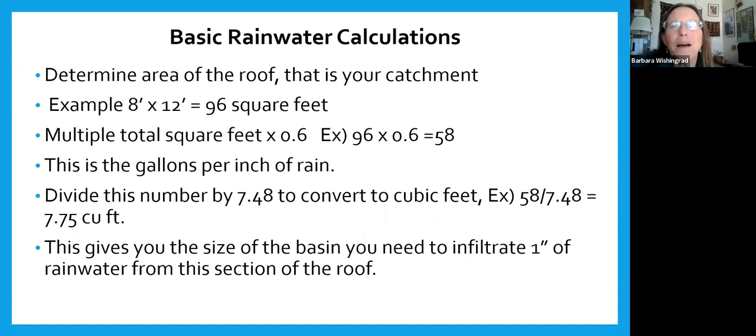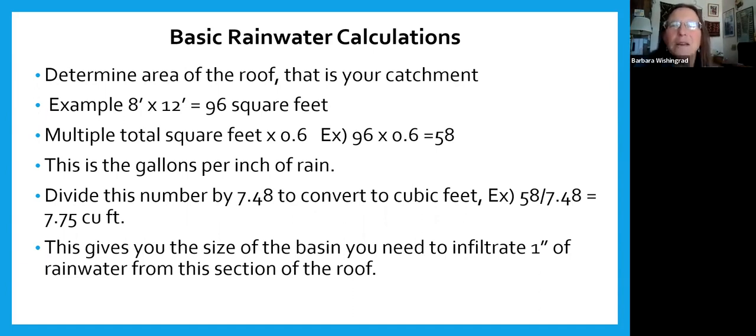You multiply that by 0.6. Now, technically it's like 0.63. But the reason that I do 0.6 is for a couple reasons, because the exactness doesn't really matter. It's close enough.